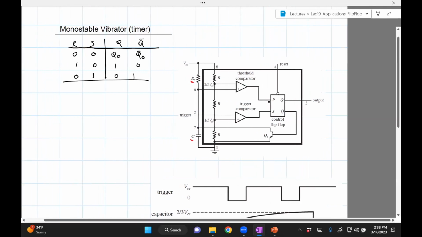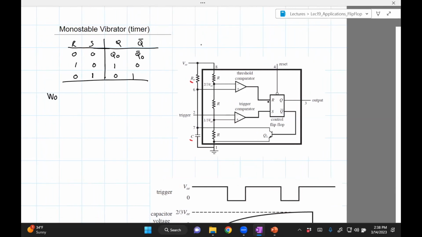Okay, now the working of the 555 timer under this circumstances where it's connected to RA and C. Okay, so it's basically going to be 4 steps. Okay, then you need to follow it step by step. So first, one thing you need to note is that this RS flip-flop actually has a reset pin, just like a JK flip-flop.